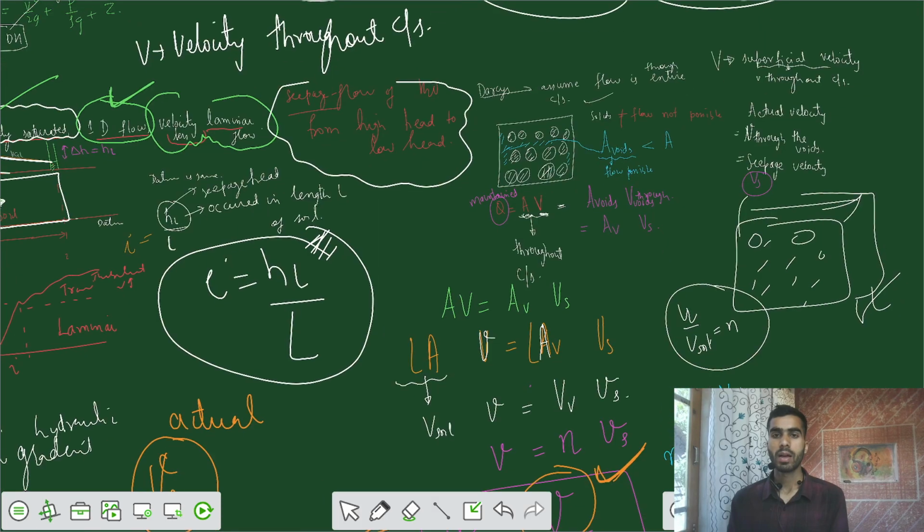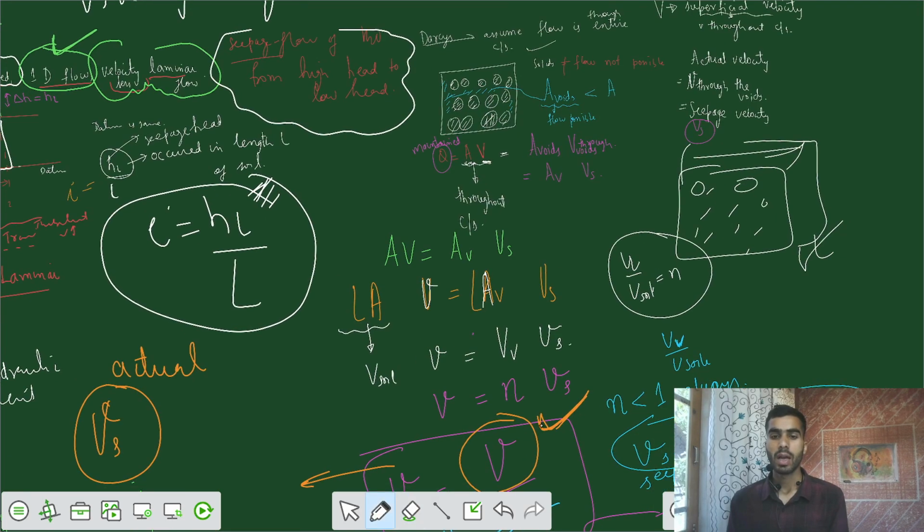After that, we have the actual scenario in the cross section of the soil mass. We have some solids, through which flow is not possible, and voids, through which flow is possible, such that the actual area of flow is less. That is the area of the voids, and through that we have some velocity, which we call seepage velocity, or the actual velocity through the soil.